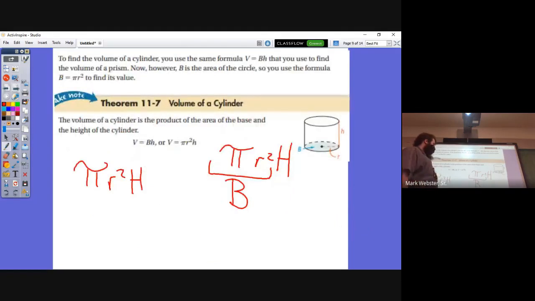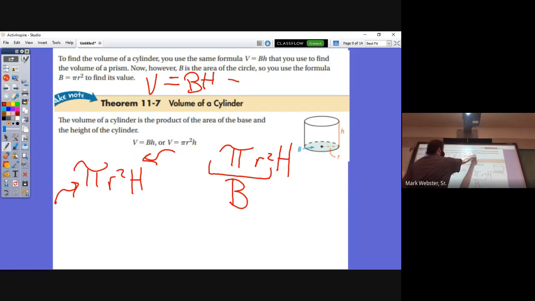This pi r squared is what the area of the base is. So you could use this thing if you wanted to, but you already have this thing. That's the exact same thing. It's just a matter of, would you rather have to remember an extra formula or not? You know what I mean?